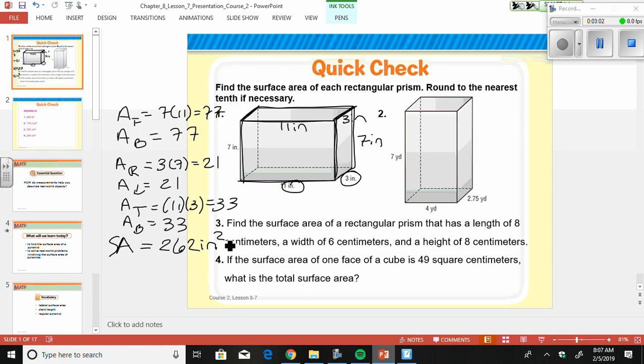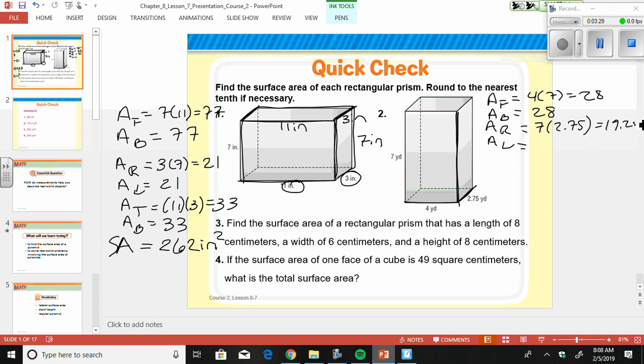Again, so area of the front and area of the back will be the same. So area of the front, 4 by 7, which is 28. Area of the right, so 7 by 2.75. 7 times 2.75 is 19.25.